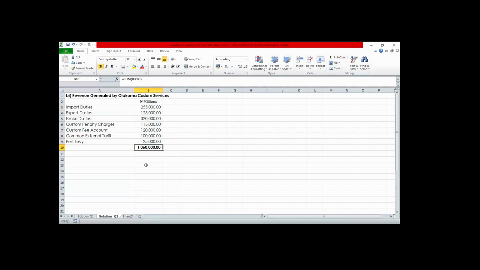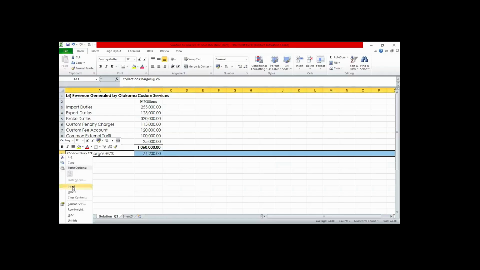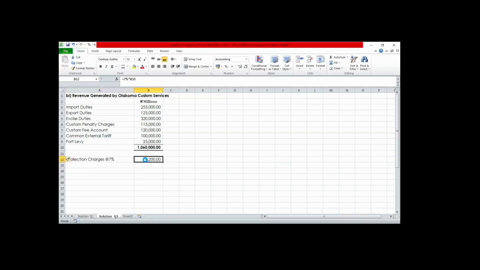This is what we have. Is it clear? Yes. Then collection charges now. Collection charges at what rate? 7%. This will now be 7% times the total revenue generated. Any question, please?